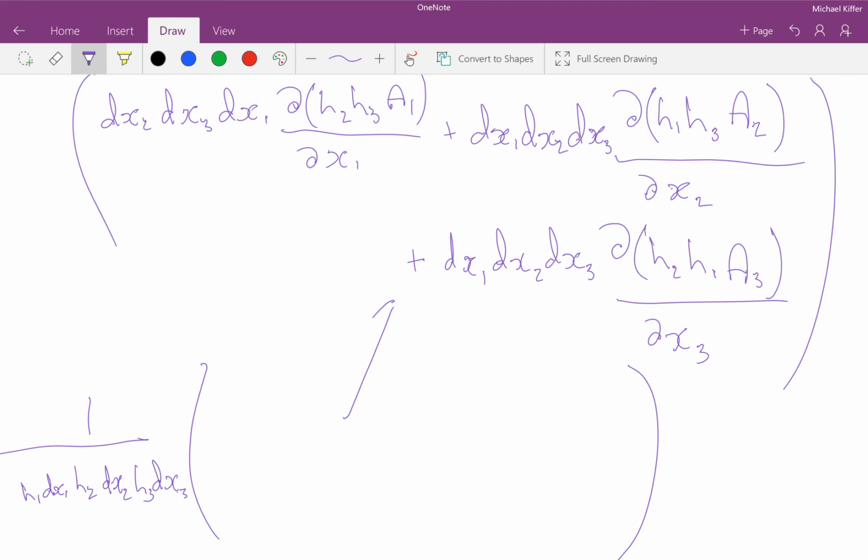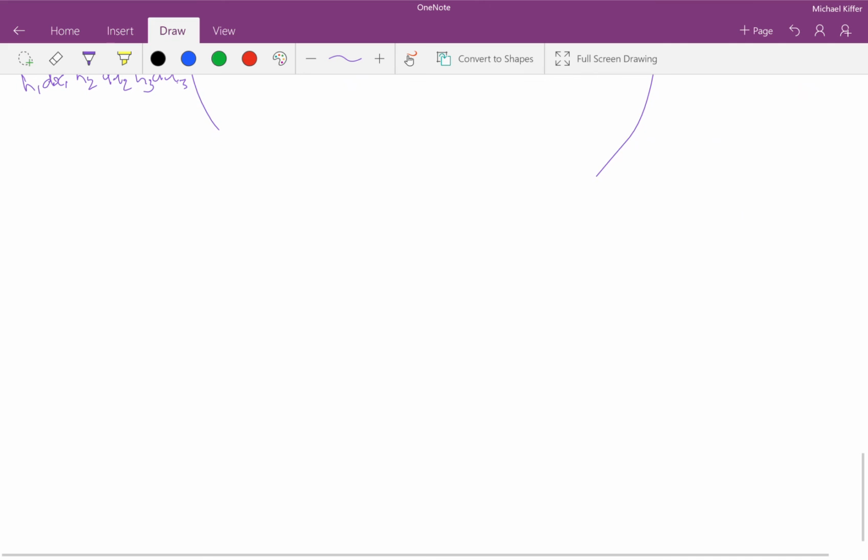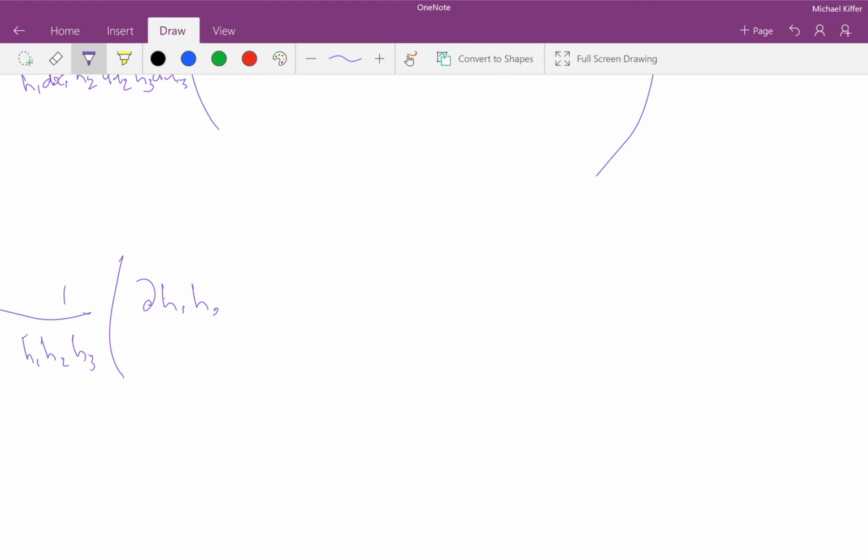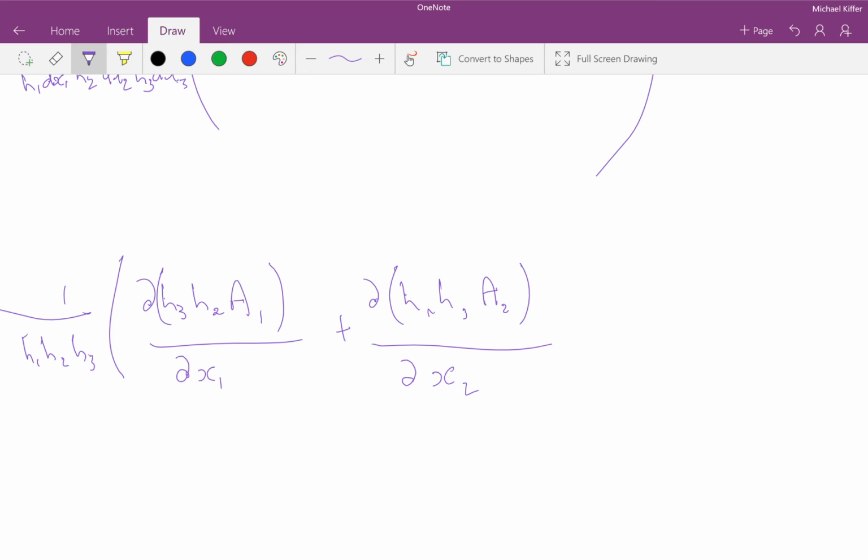multiply it by what we had there, and with some nice cancellation we'll end up with 1 on h1, h2, h3, del h1, h2, h3, a1 on del x1 plus del h1, h2, h3, a2 on del x2 plus del h2, h1, a3 on del x3.